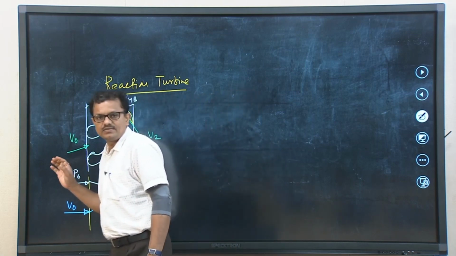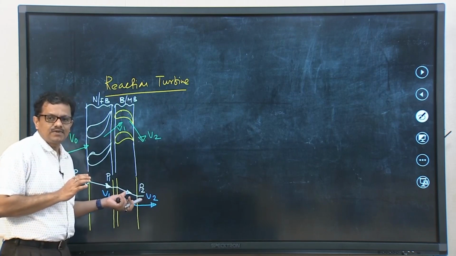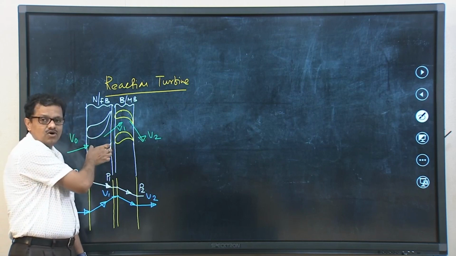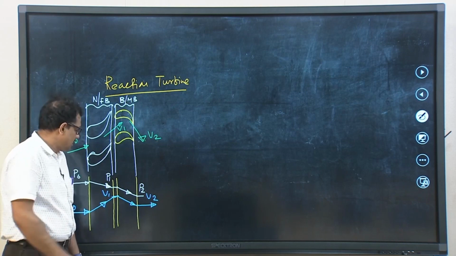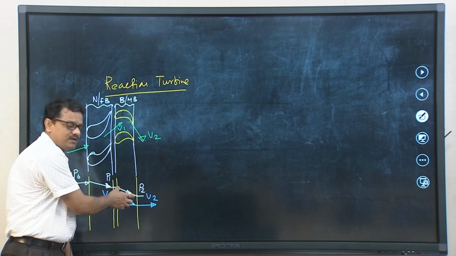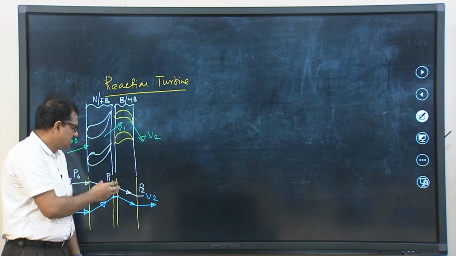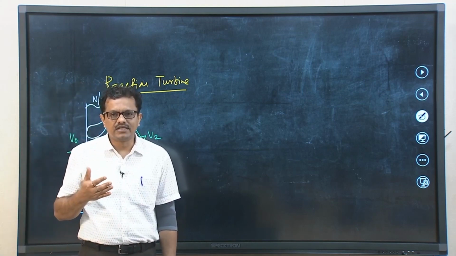Let me tell you once again. In this particular type of turbine, pressure drop occurs both in the row of nozzle as well as the blade or moving blade. It is because of this drop in pressure that in the row of moving blades, there will be a little gain in kinetic energy of the steam jet.